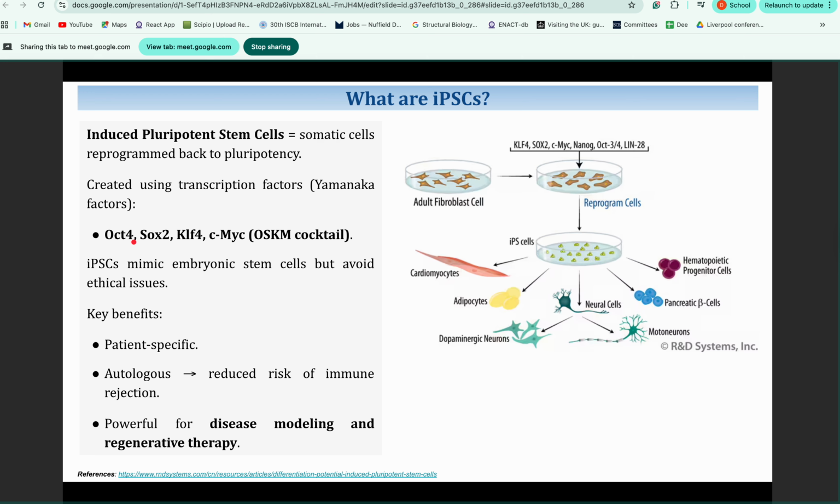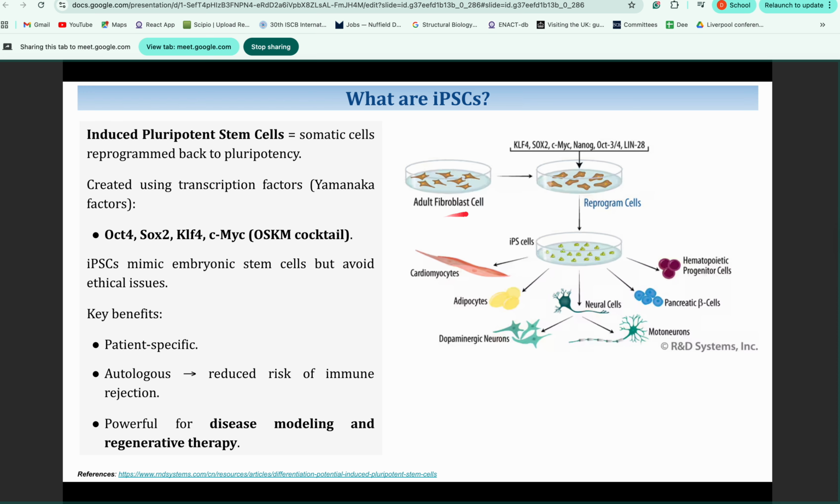O stands for OCT4, S stands for SOX2, K stands for KLF4 and M stands for CMYC. iPSCs mimic embryonic stem cells but avoid the ethical issues. The key benefit is that they are patient-specific and autologous, meaning obtained from the same individual, so they reduce the risk of immune rejection, and they are powerful for disease modeling and regenerative therapy.